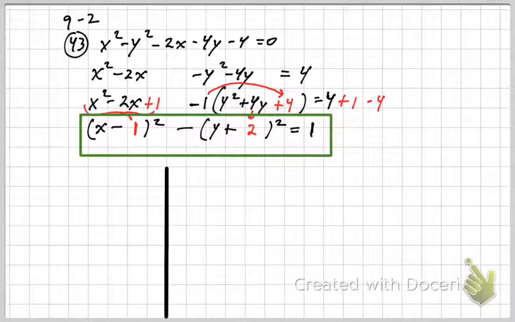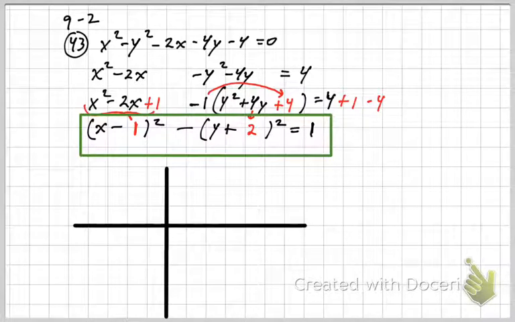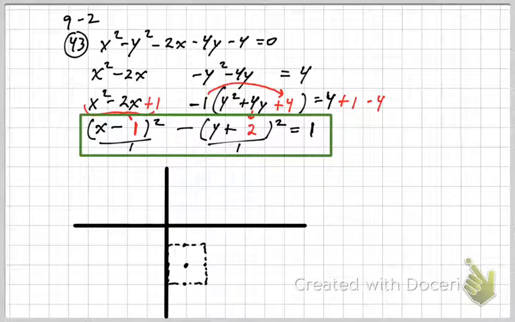Where's the center? Is the center at 1, negative 2? 1, negative 2. Would you agree these are both over ones? So I go one to the left, one to the right, one up, one down, and I make a rectangle. Just so happens that this rectangle is a square.